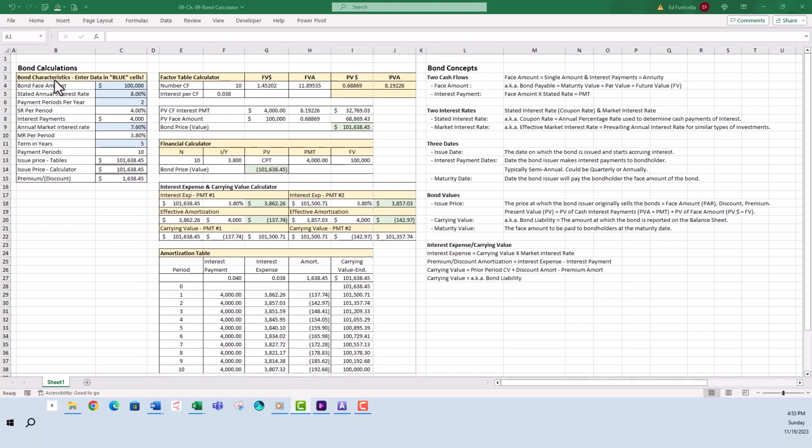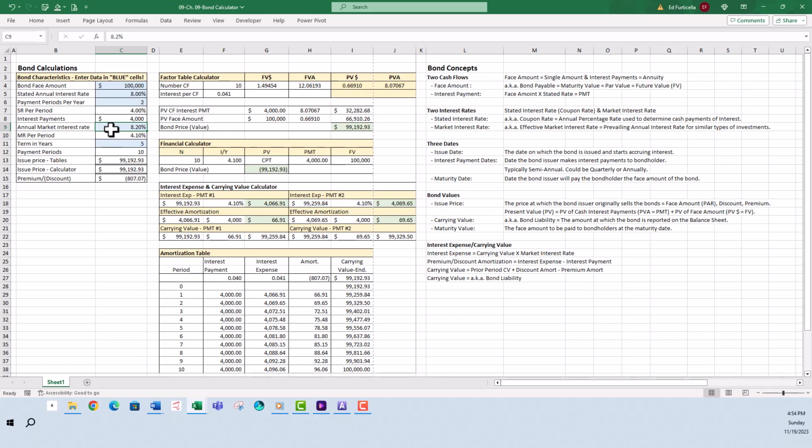Now, the beauty of using a model allows you to change assumptions and see results. So let's go back to bond characteristics, and instead of having an annual market interest rate of 7.6%, let's make it 8.2%. So remember, at 7.6%, the value was $101,638.45.